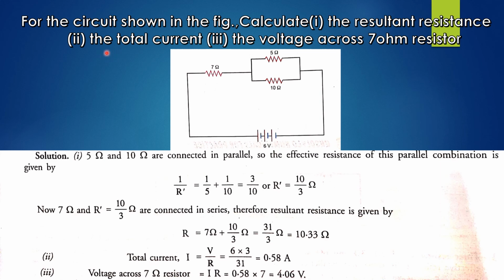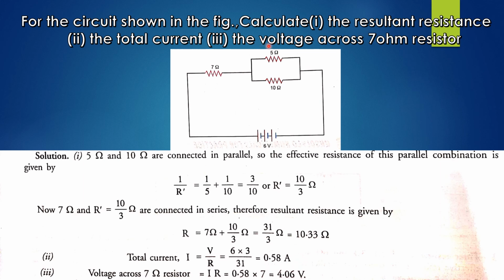Next thing, calculate the total current. We know that I equals V by R. We know the value of V, which is 6 volts. We have calculated R, that is 31 by 3. So 6 by 31 by 3, which becomes 6 into 3 by 31, which is equal to 0.58 ampere.